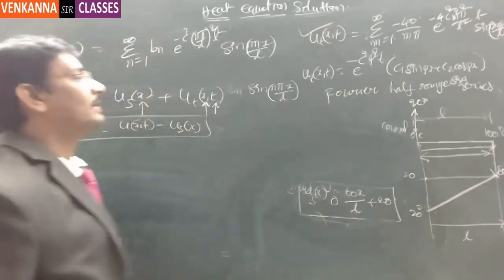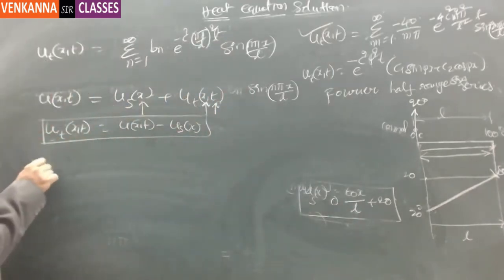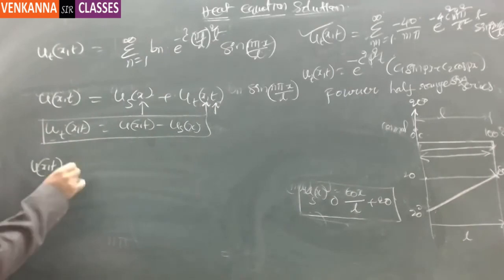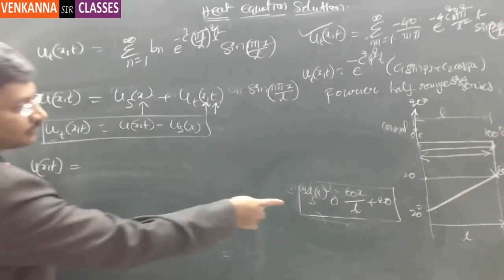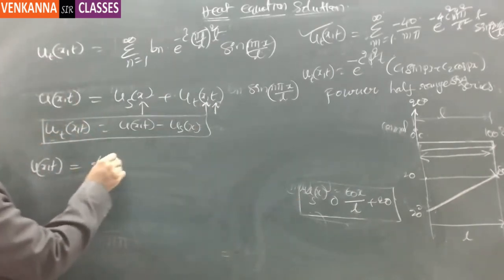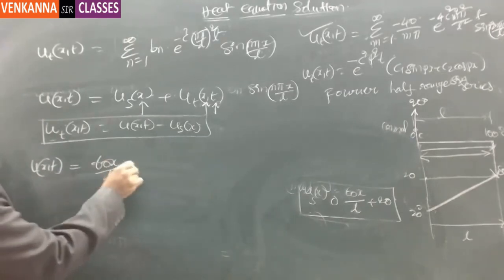Got it? Now the final solution, that is u of x comma t, you wanted to write. For that, the steady state solution we have brought in, that is 60x by L plus 20.